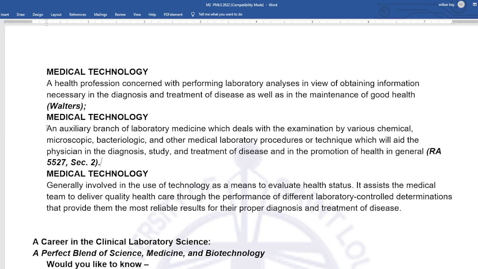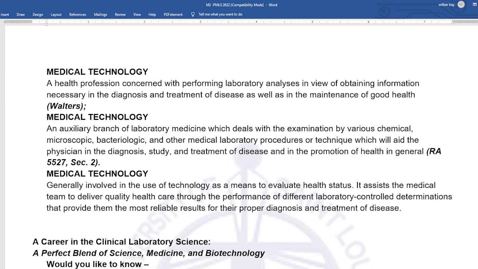So it means we cannot just guess what the results are. Okay? Because whatever the result of the patient is, we must conform with the laboratory procedures of the hospitals that we are working from. Okay? And with that, we must use laboratory procedures, we must use machines in order to arrive at a laboratory test result. Okay?